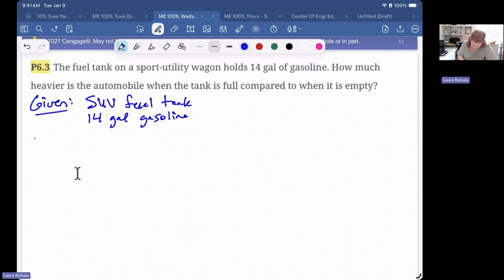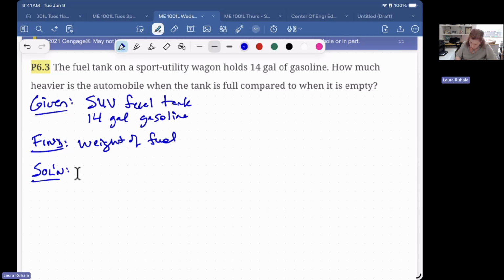And what we need to do is find the weight of the fuel. All right, we can do that.